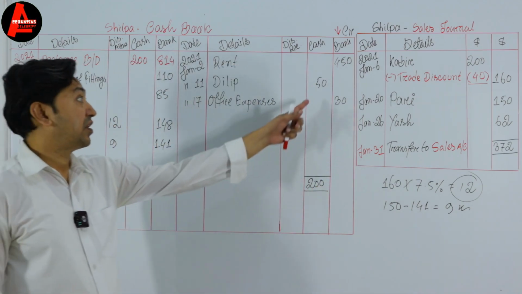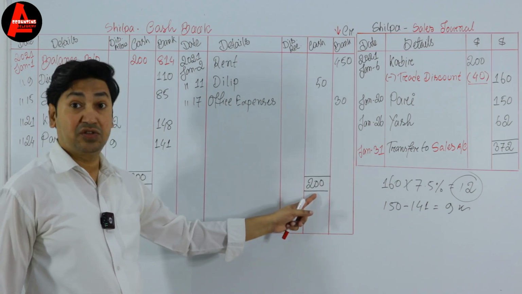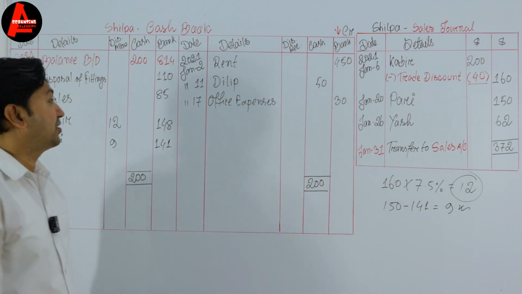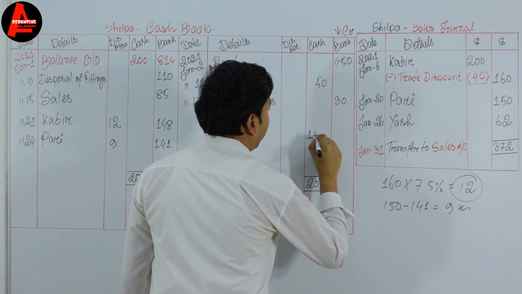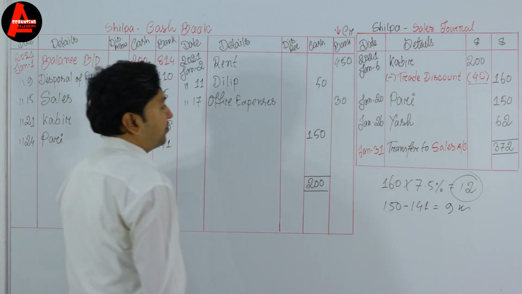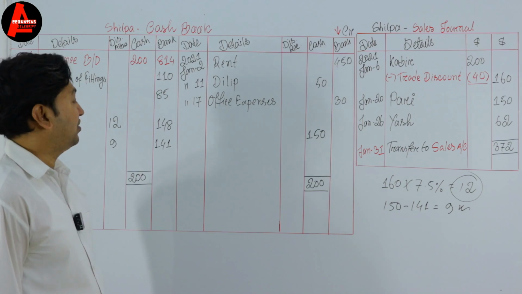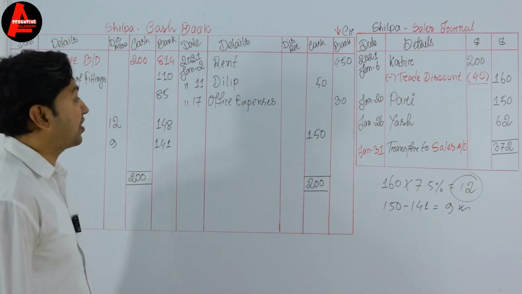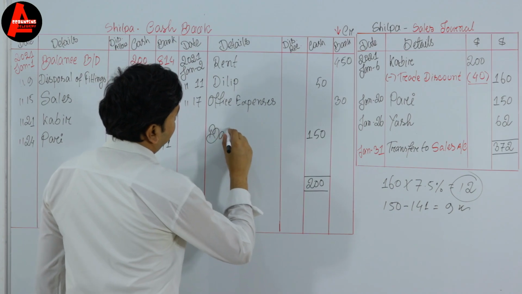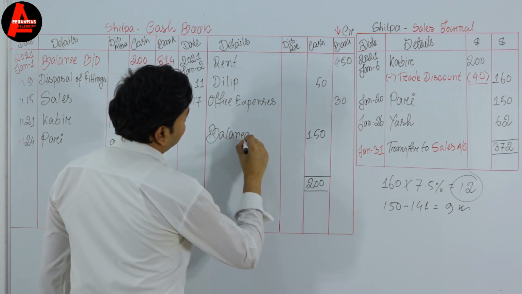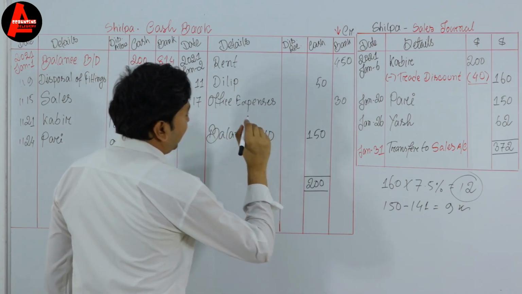Now we will subtract this amount from this 200. So we get 150. 200 minus 50 equals 150. This is our closing balance for cash. So we will write here balance CD, which stands for carried down.